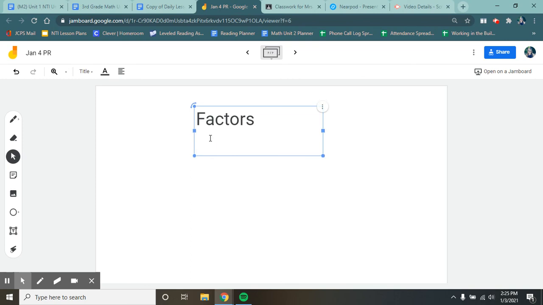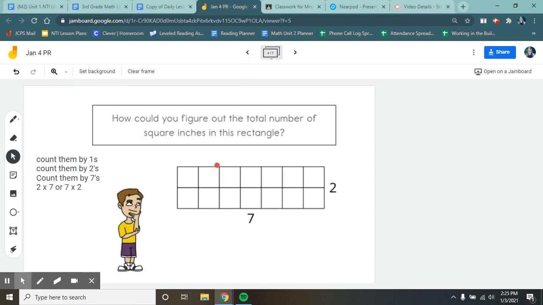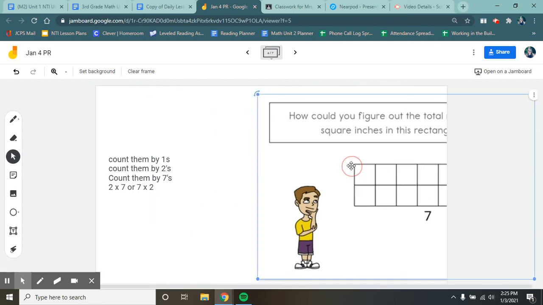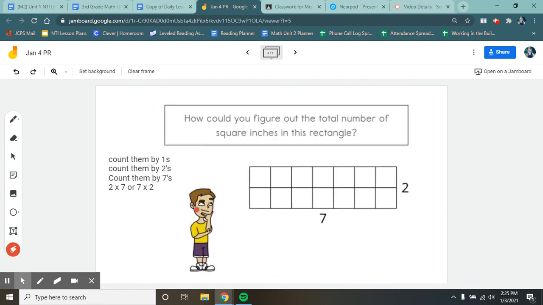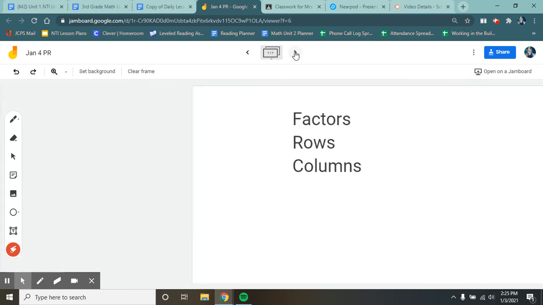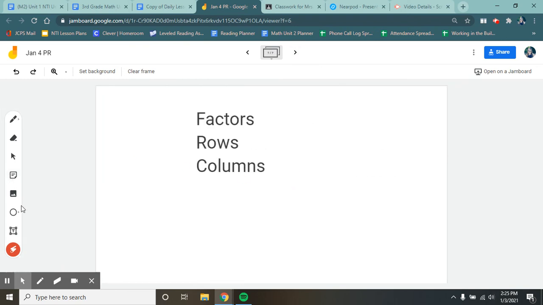So I want to see that in your responses. Another word that I really want you all to use is rows and columns. So remember, rows are going across the shape, across the top, and columns are going up and down. So I want to see those words, rows and columns, in your work.